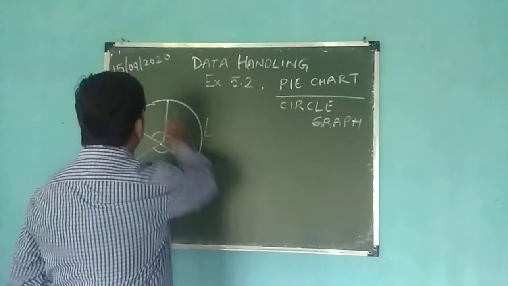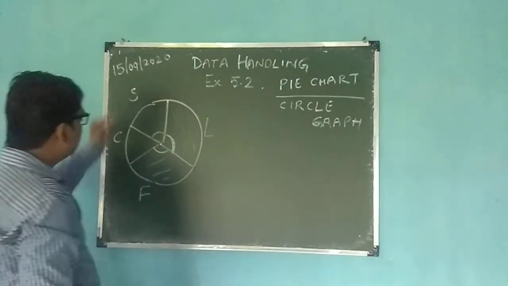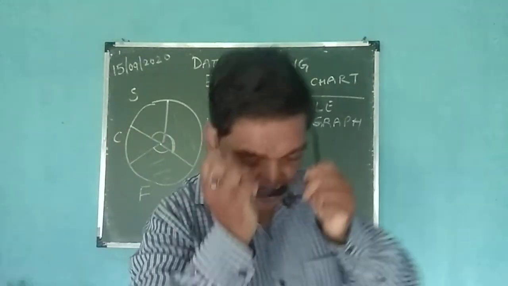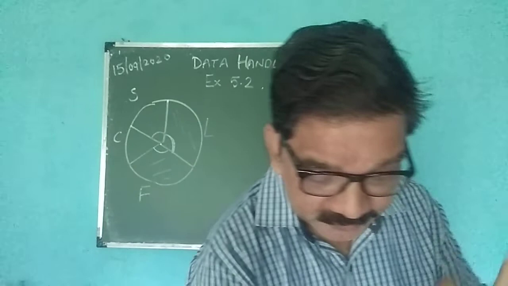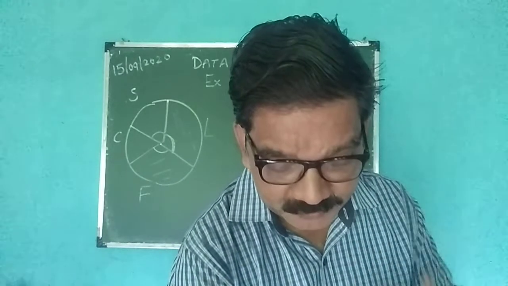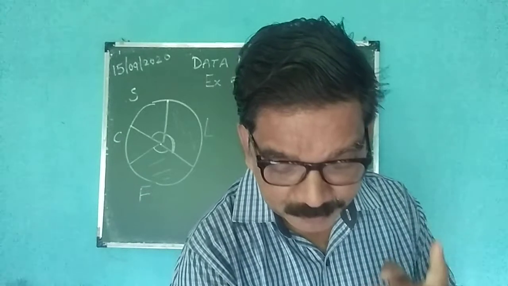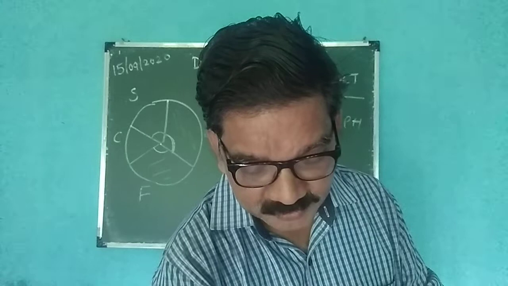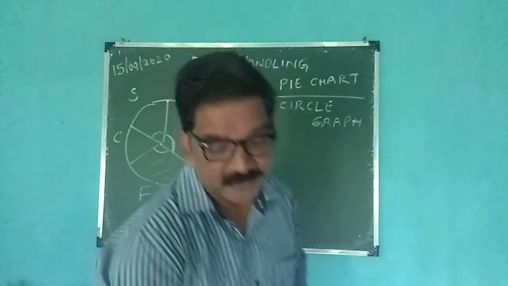This is light. This all are music. Semi-classical music, classical music, folk music, and light music. Now the question says a survey was made to find the type of music that a certain group of young people liked in a city. Adjoining pie chart shows the findings of this survey.